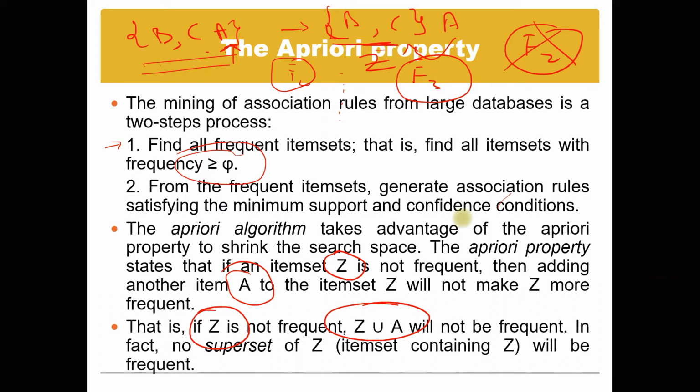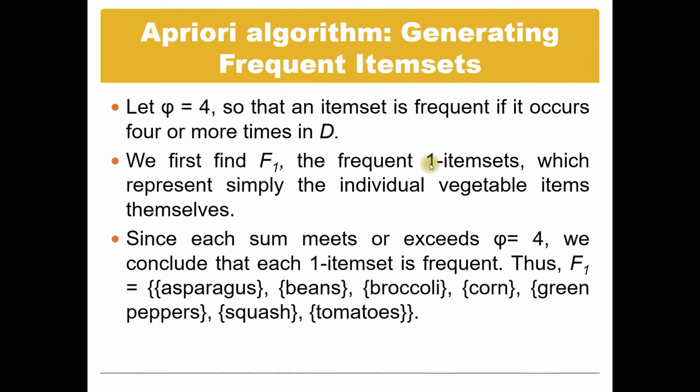The generation of these rules will depend on the frequent item sets. So we'll start obviously with the first one, the frequent one-item sets. We are going to take again the same threshold, equal to 4. And then from that, we are going to start deriving our rules.